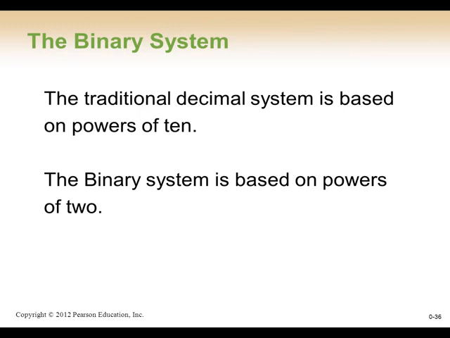So the traditional decimal system that we are using is base 10. That means for a single digit, I can go from 0 to 9. I cannot go to 10 for one single digit. For the decimal, we go with the power of 10, so it's 10, 100, 1000. For base 2, we go with the power of 2.